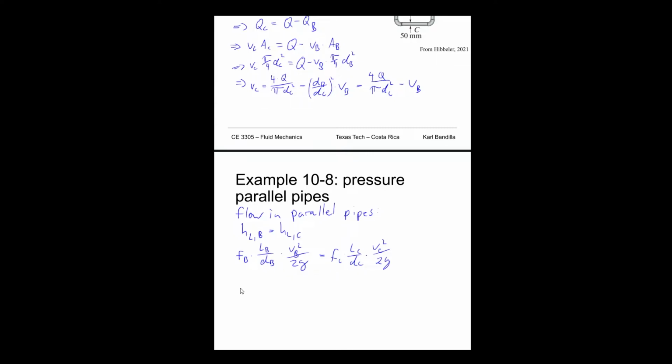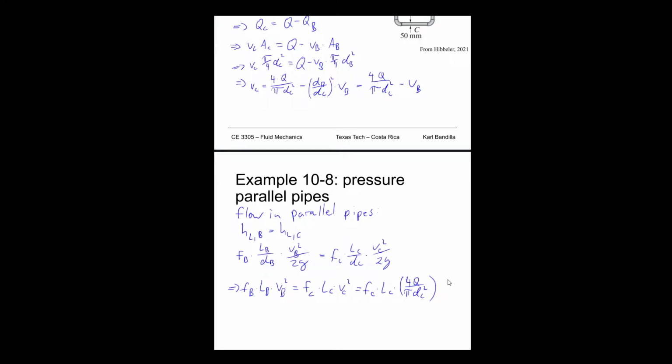Because DB and DC are the same. That means we get FB times LB times VB squared is equal to FC times LC times VC squared. All right, now we know what VC is in terms of VB, so we can put that in. That means FC times LC times what we have up there, so 4 times Q over pi DC squared.